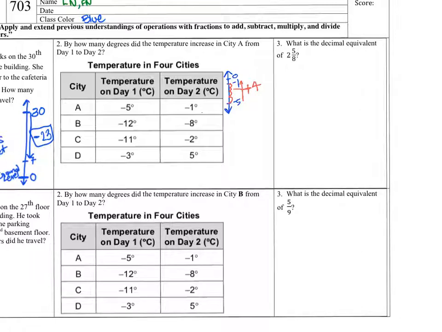So the temperature increase is actually positive 4. So we can say on the bottom, the temperature increase was positive 4 degrees Celsius from day 1 to day 2 in city A.